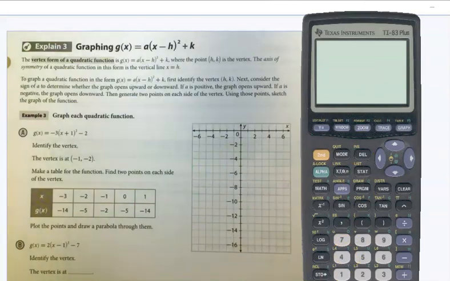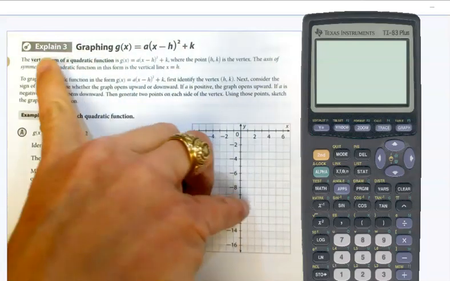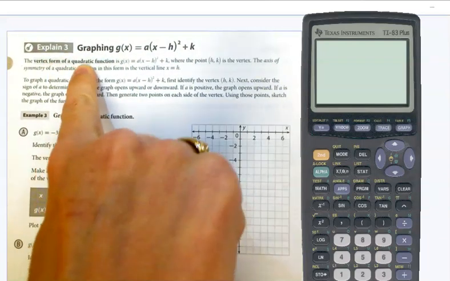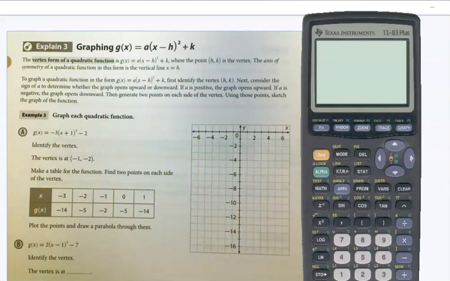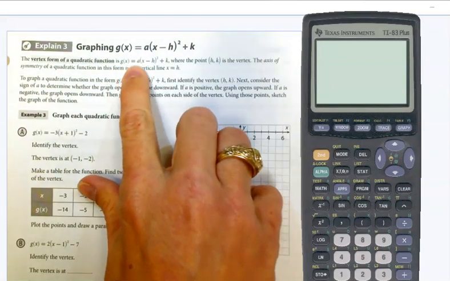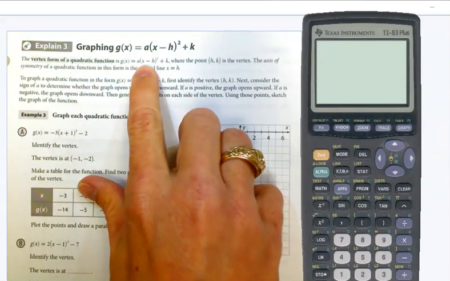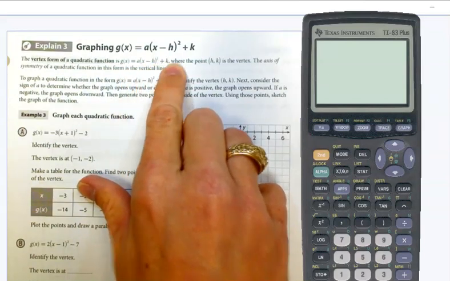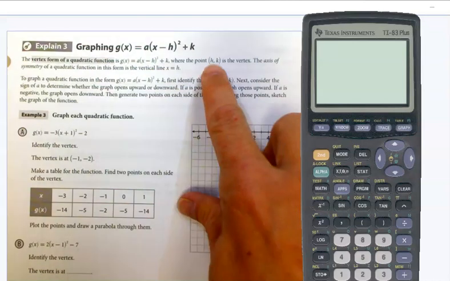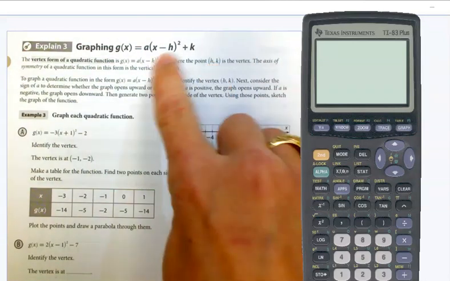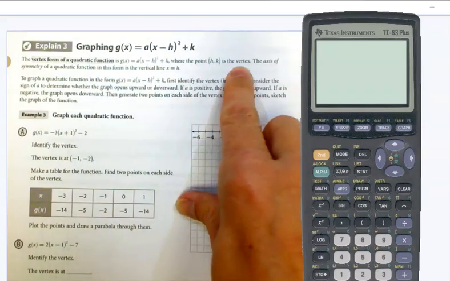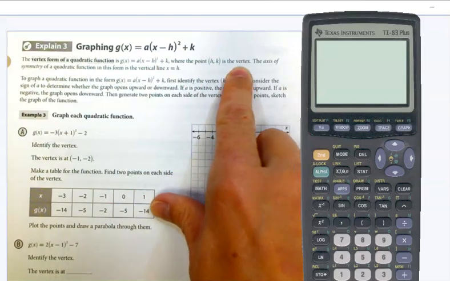All right, I am now looking at page 793, and they have now given you the official vertex form of a quadratic function. g of x is equal to a times (x minus h) squared plus k. All right, where you can look at h and k and immediately know the vertex, okay?